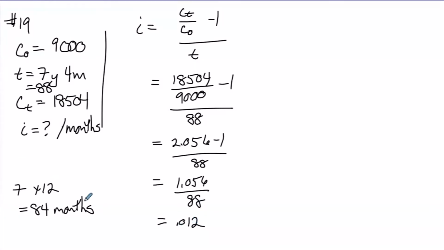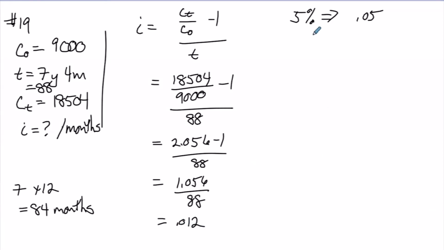Now, we've got a decimal here. And remember, in other problems where we were given the interest rate, we were given it as, say, 5%, and we converted that to 0.05. Now we're given a 0.012, and we want to turn it into a percentage.